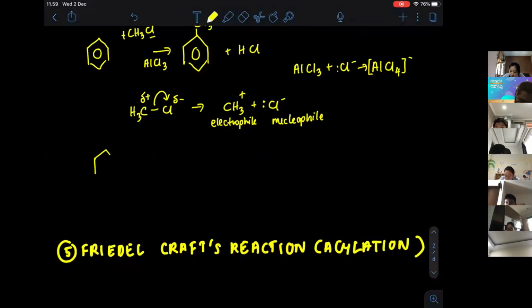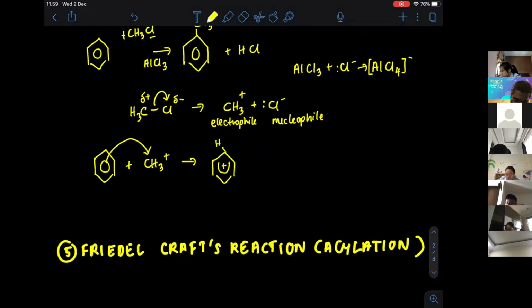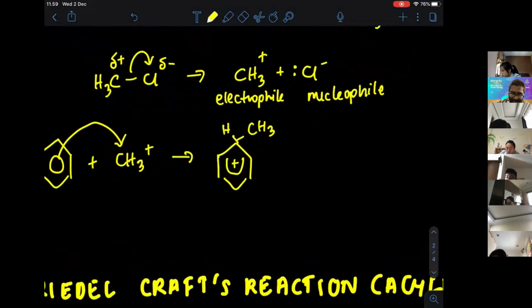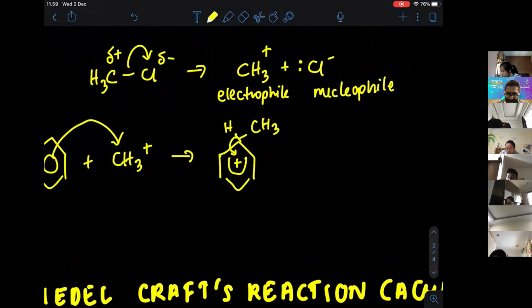So we put the benzene, and you have CH3 plus, similar. Then you are going to have the intermediate with H and CH3. And what's going to be next? This electron will come over here, and you are going to get methyl benzene, and then you will have H plus.